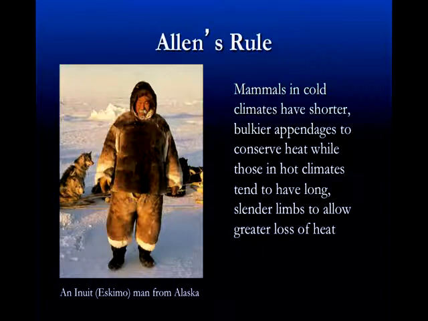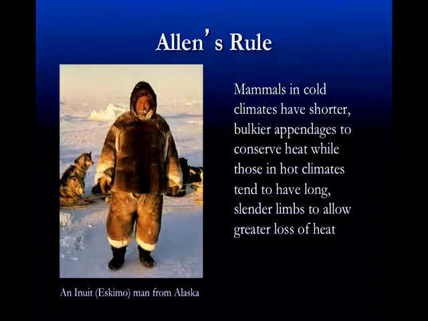Okay? This Inuit Eskimo man kind of demonstrates this. He's also wearing a lot of fur, so that helps to make him look stockier. But his body type, even without his fur on, is stockier. People in hotter climates, and this goes for mammals in general, tend to have longer, slender limbs.